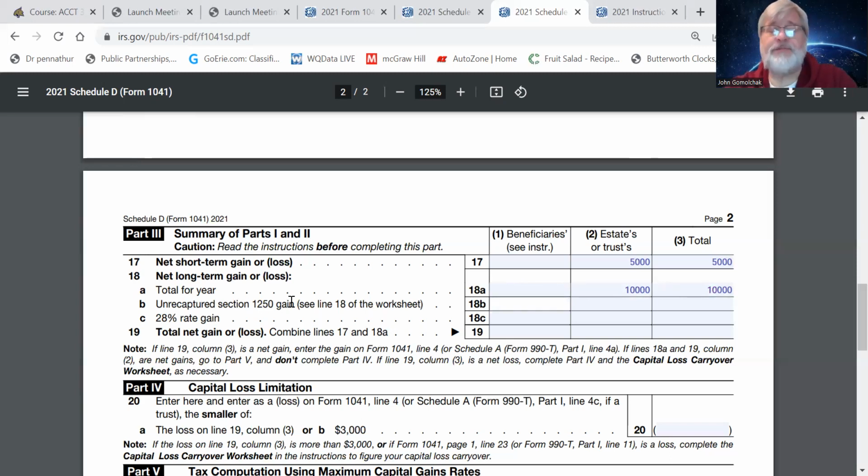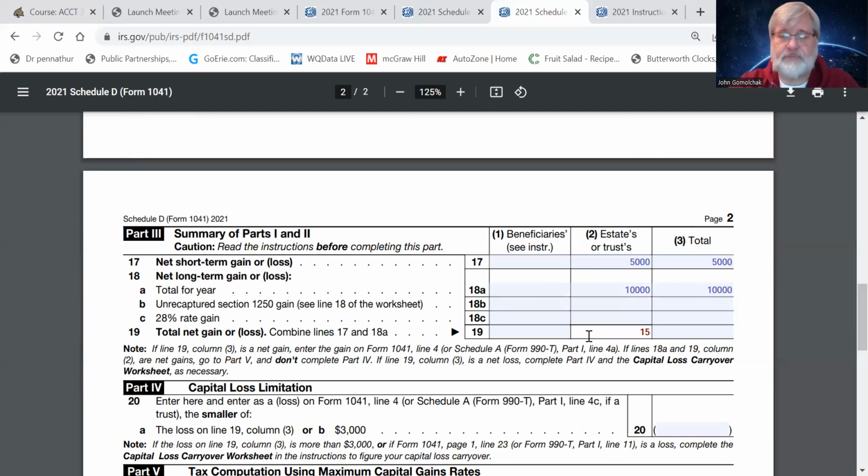Unrecaptured section 1250 gain would have been something that came from the 4797. We're not going to have that because I'm not going to give it to you. Something that has to be taxed at 28%, like collectibles, which have to be taxed at 28% regardless of whether they're long-term or short-term. I'm not going to be giving you that. Total net gain or loss. We're going to total everything.